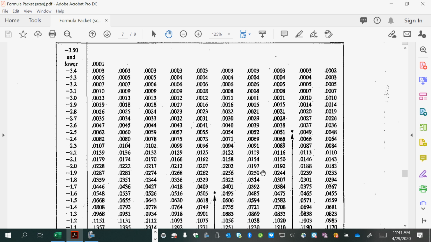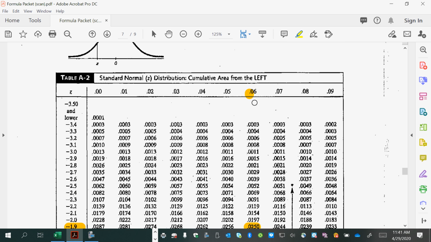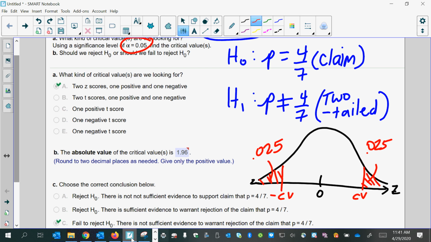Here we go. All right, so we have the area of 0.025 lining up with a z-score of negative 1.96. So this is negative 1.96 over here, and this is positive 1.96. And we've been asked for the absolute value, so the answer is positive 1.96.